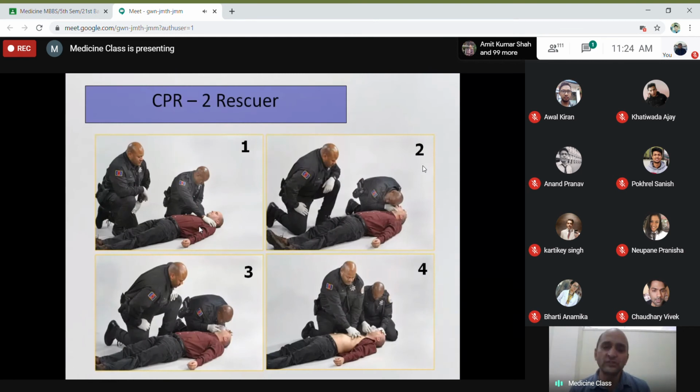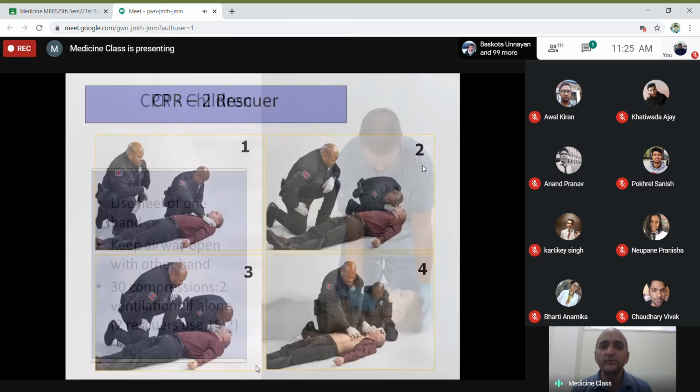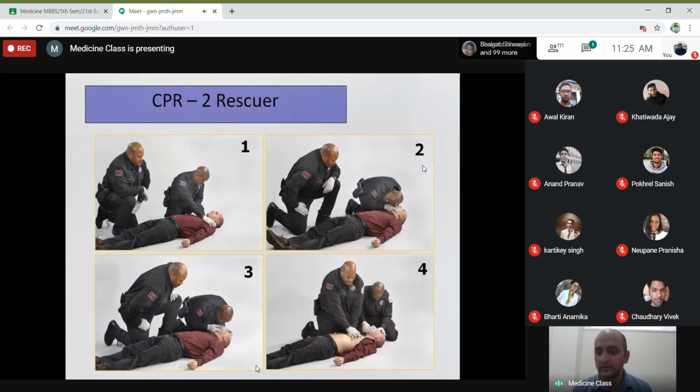If you are 2 rescuers, that's better. One will go for the compression, another for the ventilation. Compression is about 100 per minute, and you can give 2 ventilations in between the 30 compressions. If the patient is unresponsive, you may go for 15:1 or 15:2.